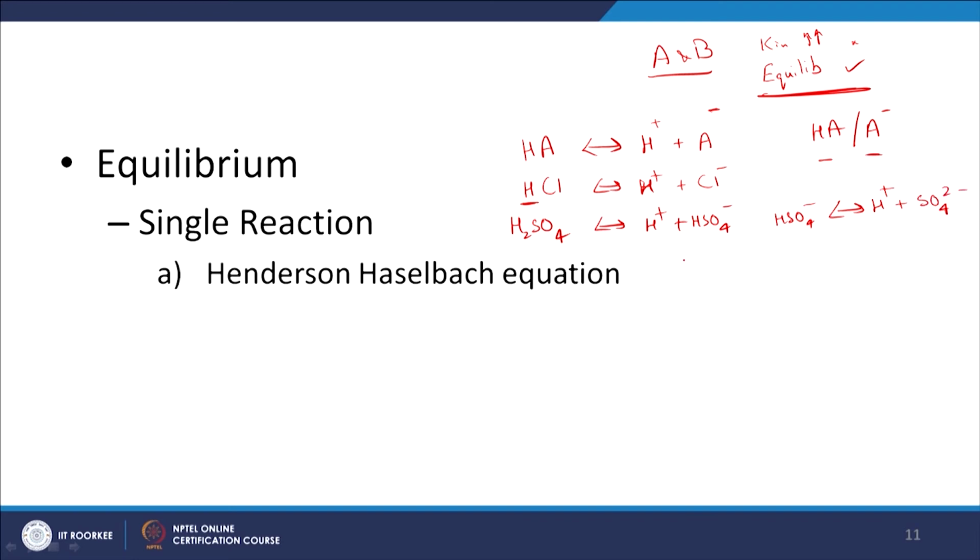So, more or less the net reaction would be H2SO4 giving out 2 protons, depending on the pH, and SO4 2 minus. We will look at that in great detail later on. Various acids that we come across usually are H2CO3, HNO3, the nitric acid, HCl, H2SO4, and in wastewater you come across CH3COOH, the acetic acid. We will talk about that in greater detail later on.